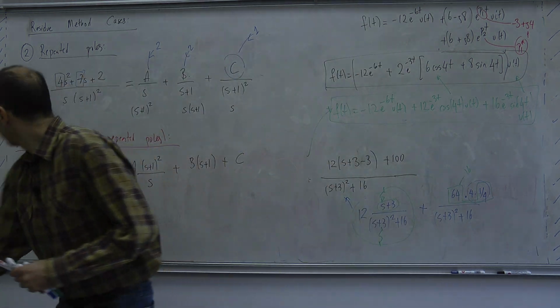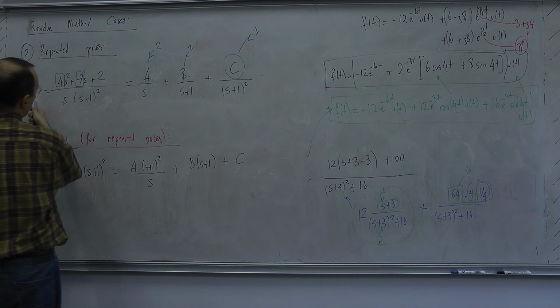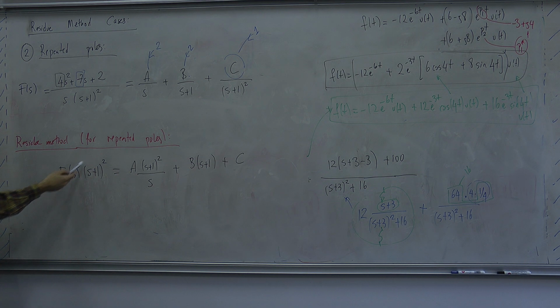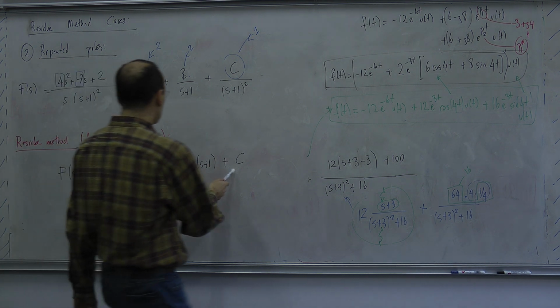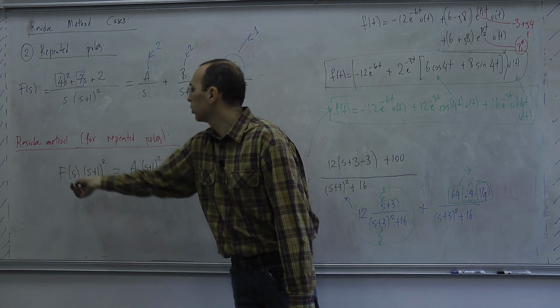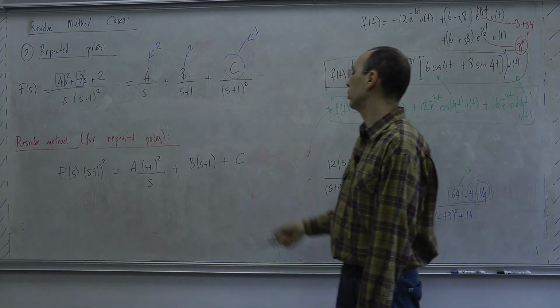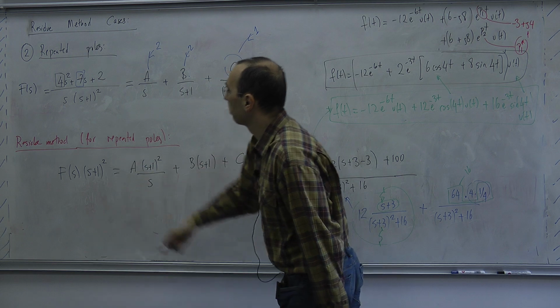Well, let's remove this not to get confused. So I have multiplied this f of s by s plus 1 squared. Actually, at this point, how we get c is we substitute, after this product calculation, s is equal to minus 1, and clearly you see 0 plus 0 plus c is equal to this number. Okay.